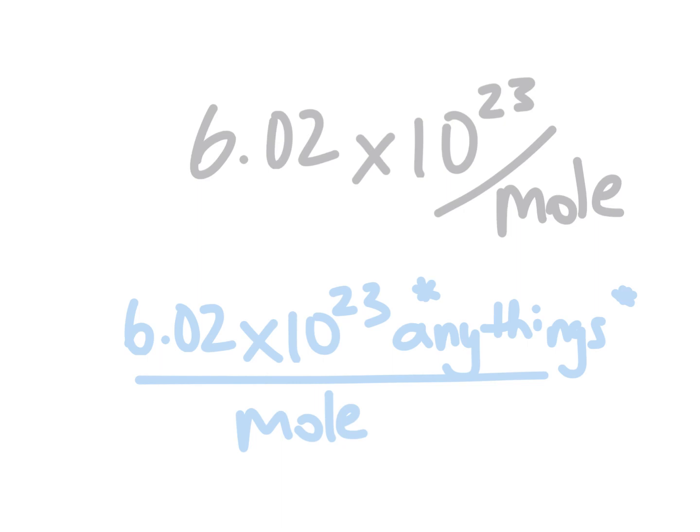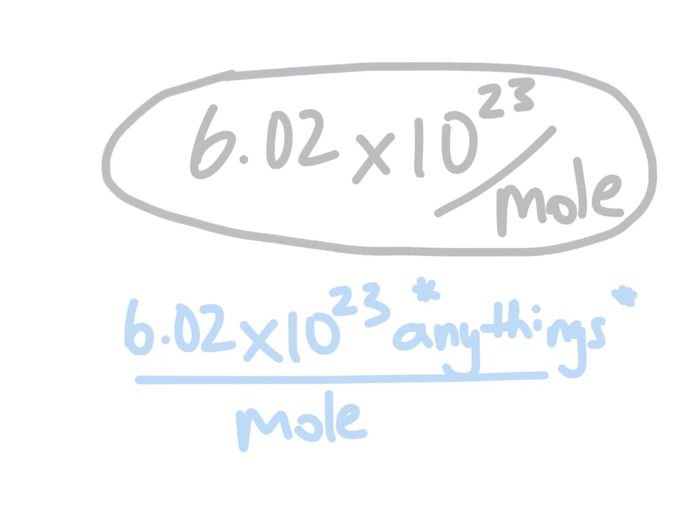Okay, this one's going to focus on doing some calculations involving the mole, particularly using Avogadro's number. There are various ways we can look at this, but one way I think is helpful is to say that Avogadro's number, 6.02 times 10 to the 23, is the amount of particles of anything in a mole.